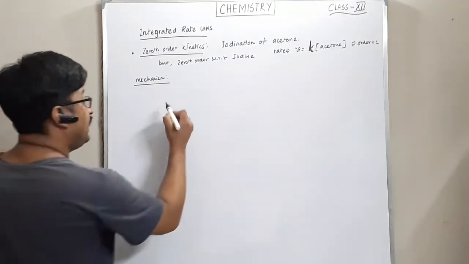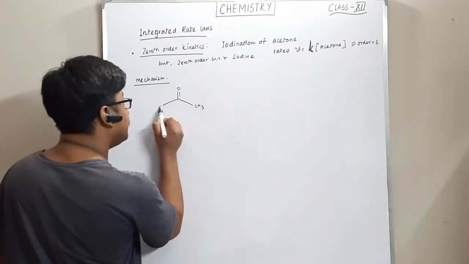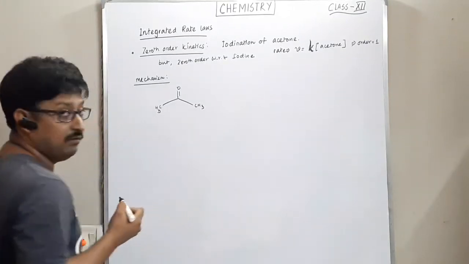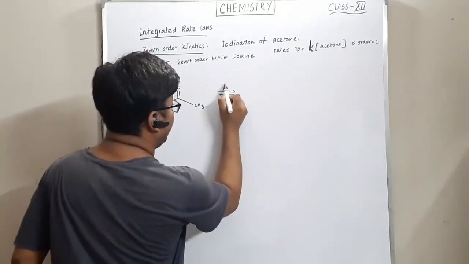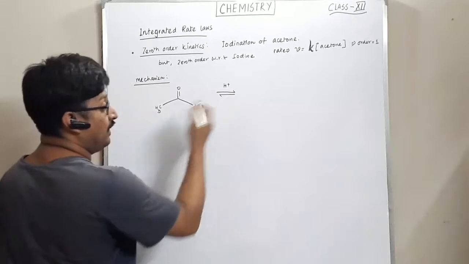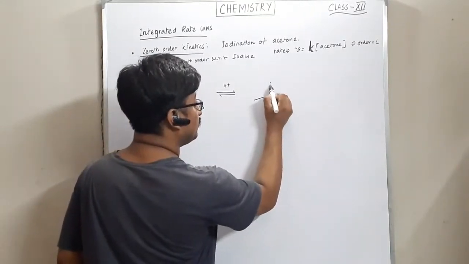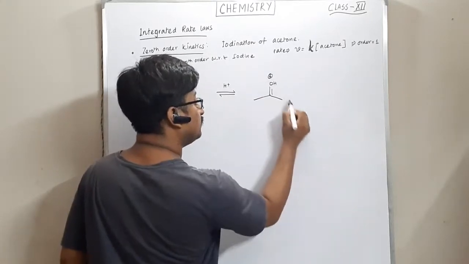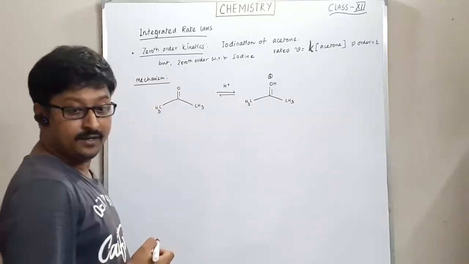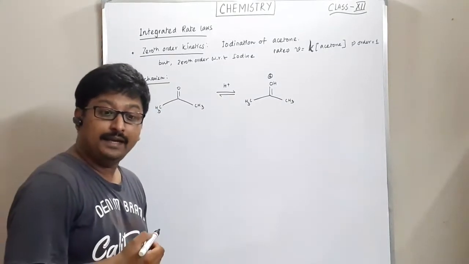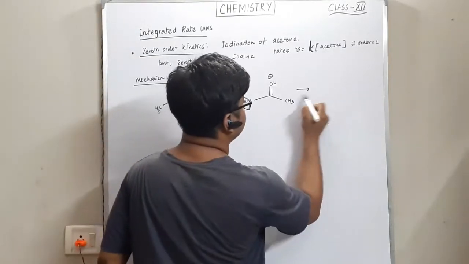What is it? Definitely you have acetone here, COCH3, CH3. Now, since there is a proton source, this will be protonated. So what will happen? It can form an enol.